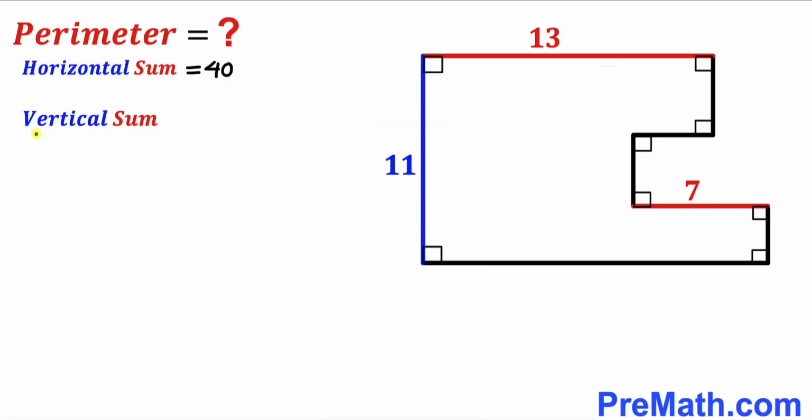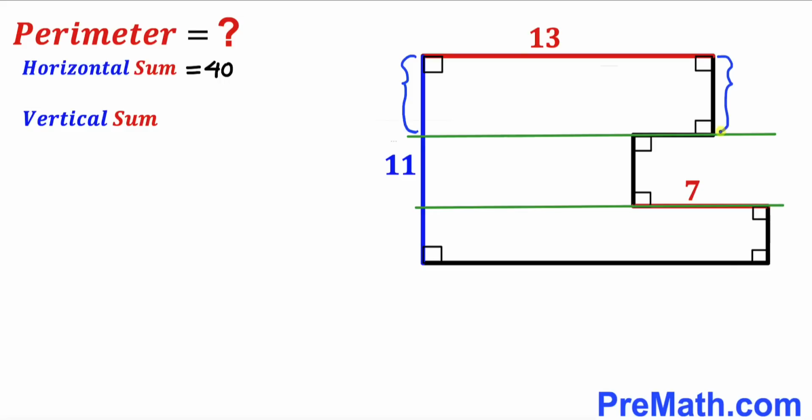Here's our next step. Now we are going to calculate the vertical sum of these segments: this vertical segment, this vertical segment, this vertical, and this vertical segment as well. Here I have drawn these horizontal lines. We can see that this segment is equal to this segment. Likewise, this segment is equal to this segment. And finally, this segment is equal to this segment.